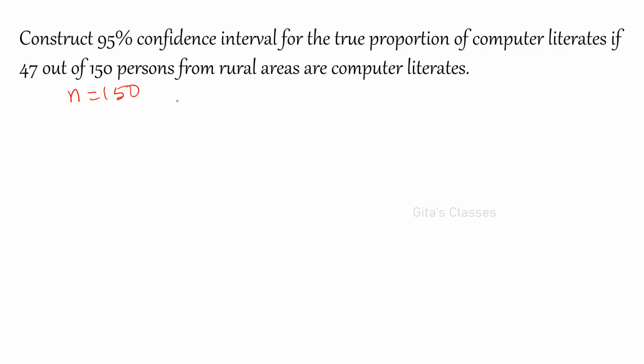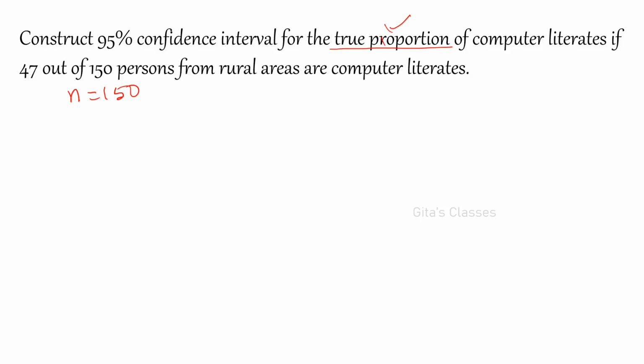Otherwise, they have also given confidence interval for the true proportion of computer literates. Even if this is not given, if 47 out of 150 are computer literate, then automatically it is understood that you are going to find the confidence interval for capital P only.